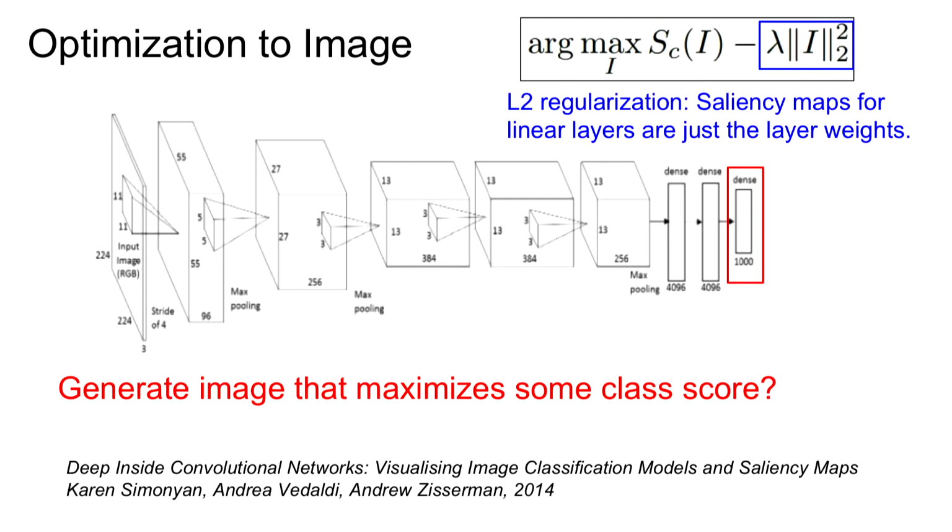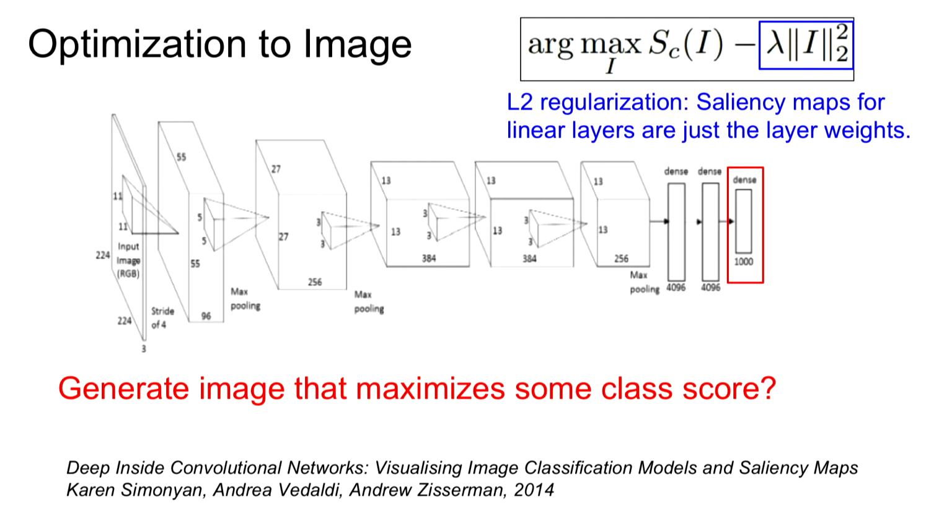Yeah, the L2 regularizer has a particularly nice property in terms of linear layers. For instance, for the first weights, the image that maximally activates the output of a linear filter is the weights of the linear filter.